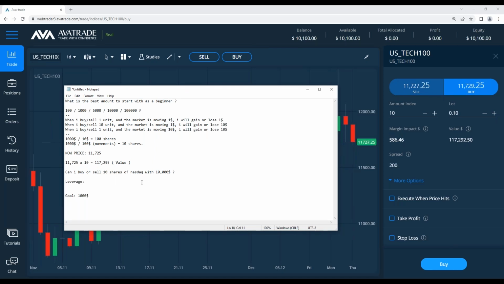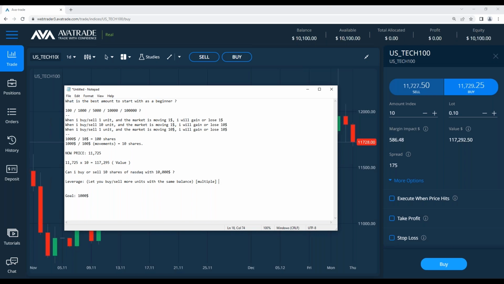Okay, so leverage by definition lets you multiply, or lets you buy or sell more units with the same balance. That means that thanks to the leverage, which is a multiplier, I can do more with the same balance.